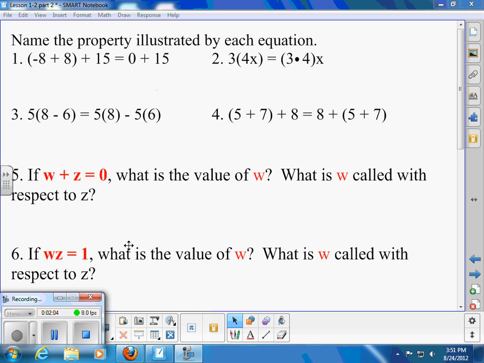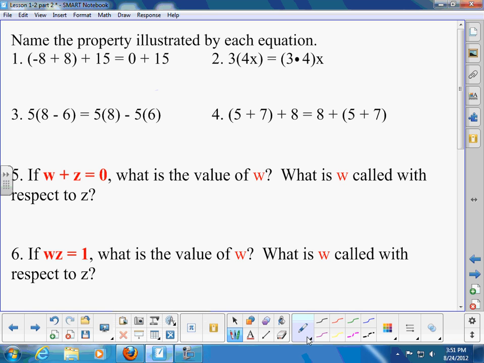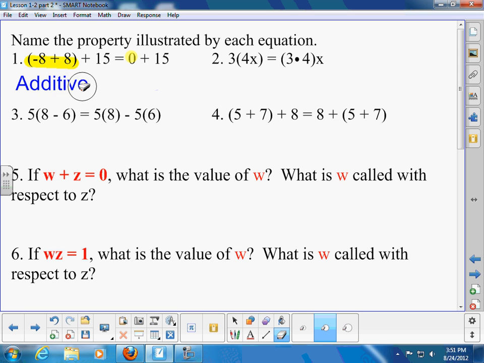We notice in the first property, what's changing from the left side of the equal sign to the right side of the equal sign is the fact that negative 8 plus 8 is replaced with 0. Because of that, this would be the additive inverse property, or inverse of addition. Either way, it's the same thing.